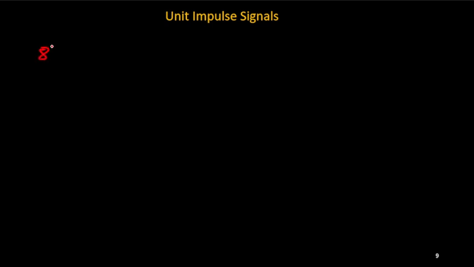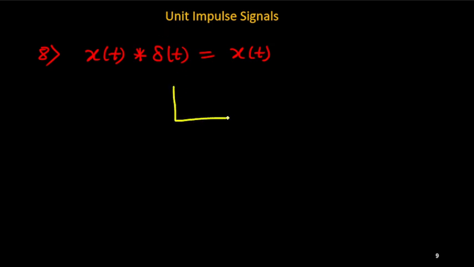Then the next property, suppose the 8th property. If I consider one signal x of t, and if I take the convolution with del t, we will be getting the same signal x of t. What is the meaning of convolution? Briefly I will discuss it here, then you can understand. I have one system, it is an LTI system, a linear time invariant system.